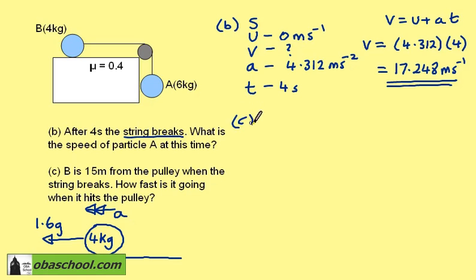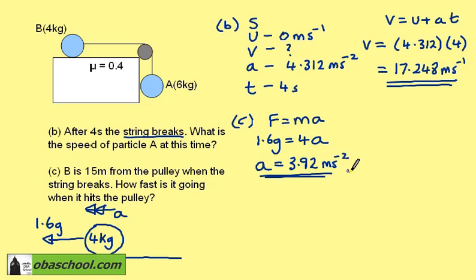If we now consider F equals ma, the resultant force on the object is the 1.6g, and this must be equal to 4a. Which gives us that a is 3.92 meters per second squared in the direction shown on our diagram.